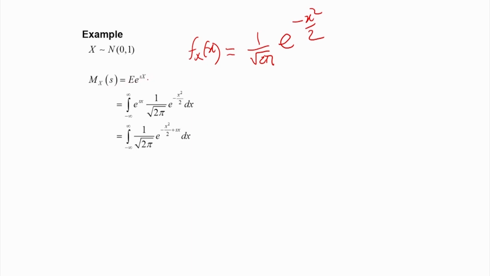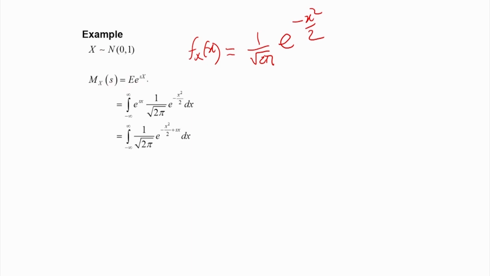If I put the expression for the expected value, we will get this as the integration from minus infinity to infinity. We will derive the moment generating function of this standard normal random variable. So, M_X(s) by definition is E[e to the power sX].